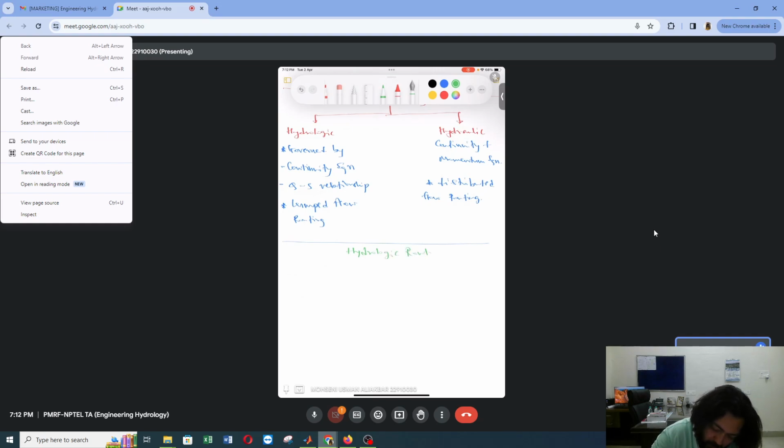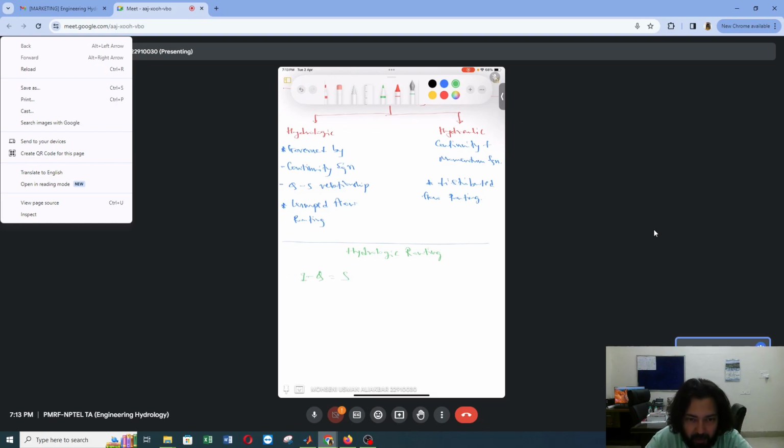So we'll look at what is the exact equation that hydrologic routing is using in order to achieve the flood routing, right? So we know that it uses the continuity equation, right? So the continuity equation is nothing but I minus Q equals storage. This is the continuity equation we know.